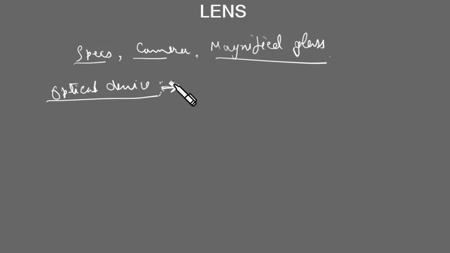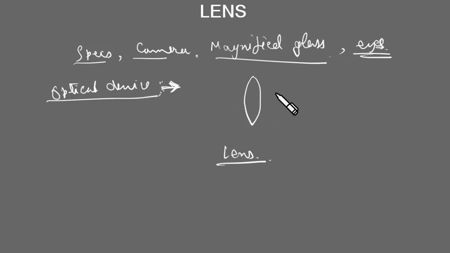So, an optical device made of a transparent object which is bound by two surfaces, one of which is a spherical surface. This is an example of a lens. Actually, a couple of lenses we are all carrying with us all the time from birth. That means eyes. There are lenses in the eyes, that's why you can see.